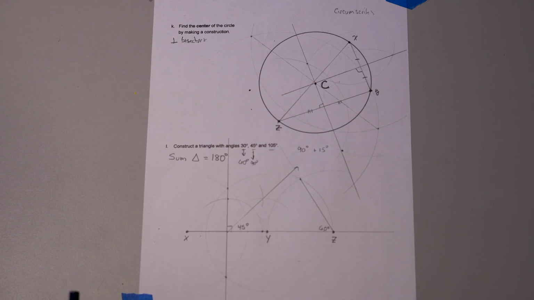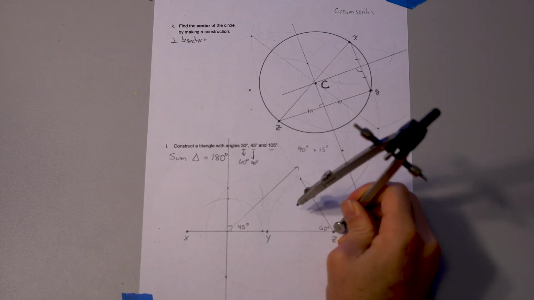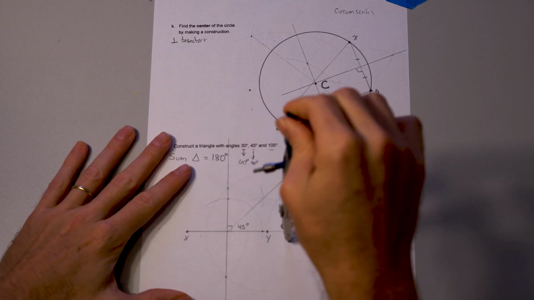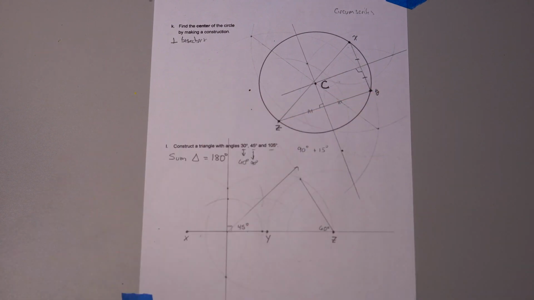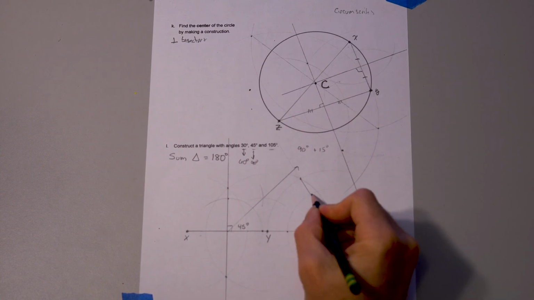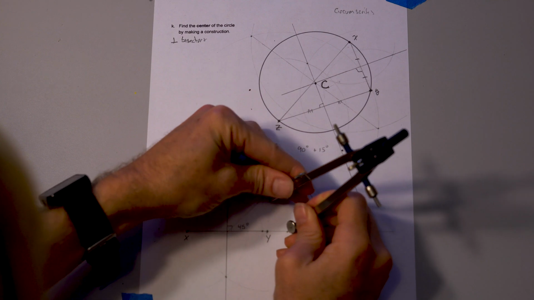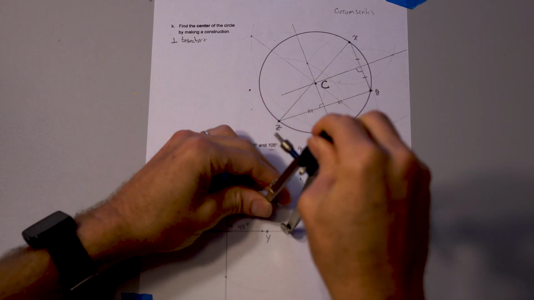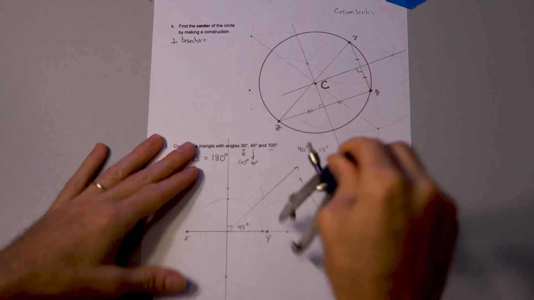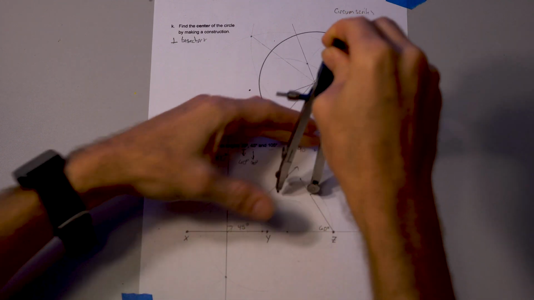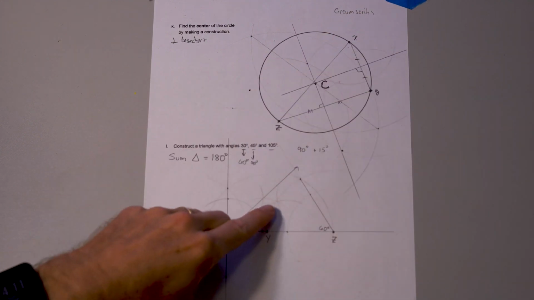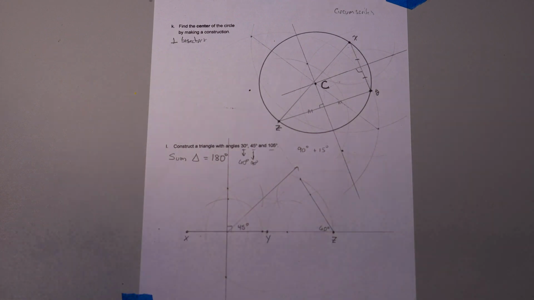How many arcs for an angle bisector? 3. 1 to intersect both sides of the angle. So that gives us intersection there and there. And then an arc from each intersection that intersect each other. Just drop my pencil. Okay, so let's do an arc from this intersection and an arc from this one. Oh, it's tricky. There's a lot going on here.